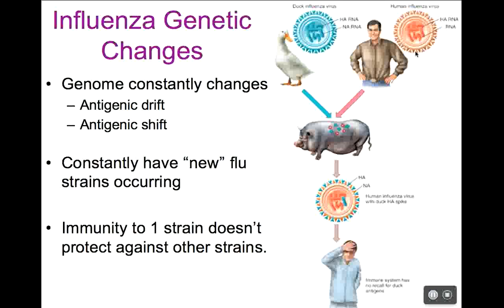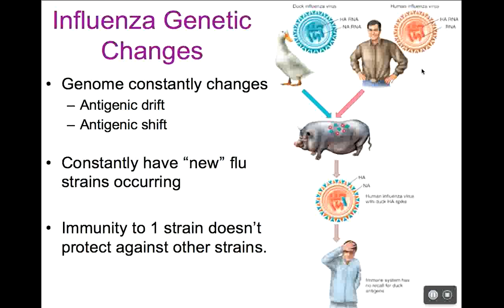For some strange reason, it turns out that pigs can be infected both by bird strains and human strains. So the bird strain infects a bird or a pig. The human strain infects a human or a pig. Well, what that means is it makes the pig the perfect antigenic shift environment.